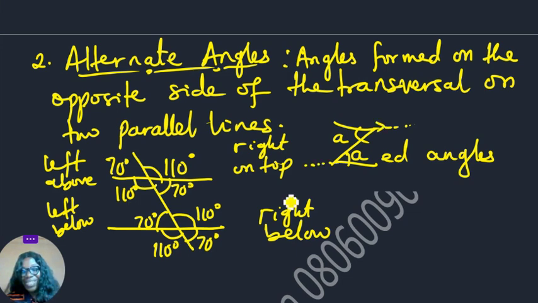Can you see that? So parallel lines. Then this slanted line of Z is a transversal. So that's why we were able to call it Z angle. Okay, so this is how to identify alternate angles.